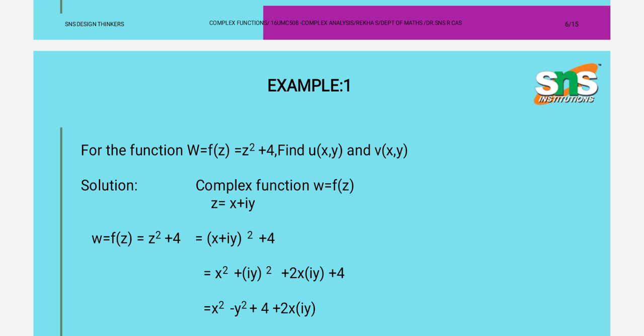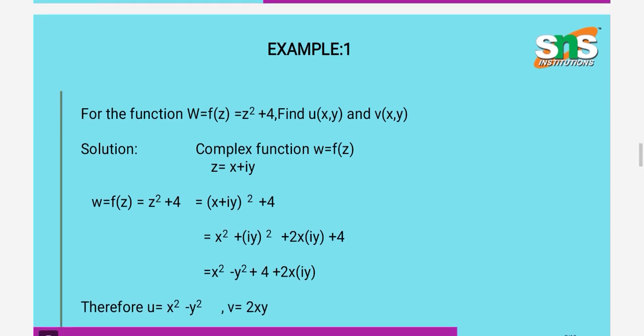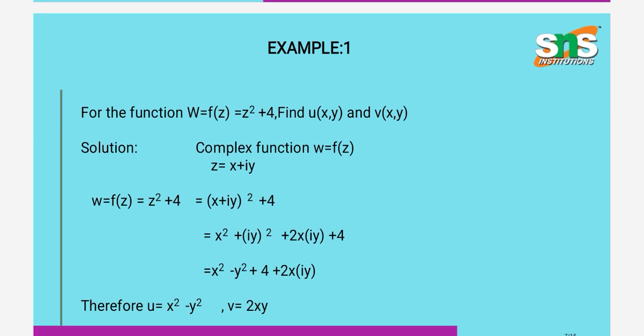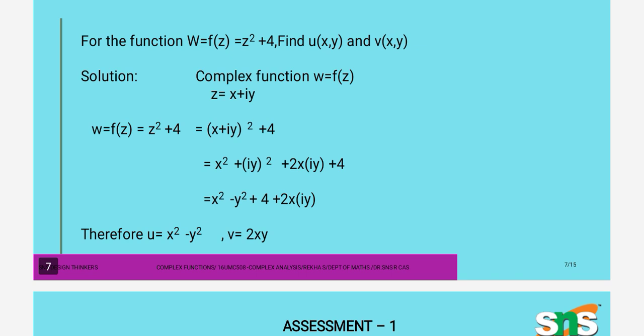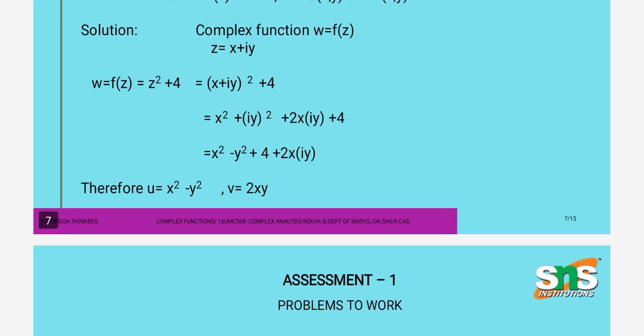For example, z equals (x plus iy) whole square, like (a plus b) whole square. Then u equal to x square minus y square is your real part, and v equal to 2xy.